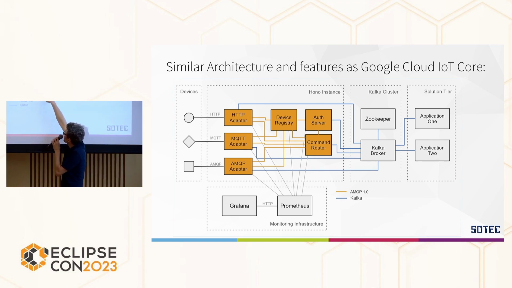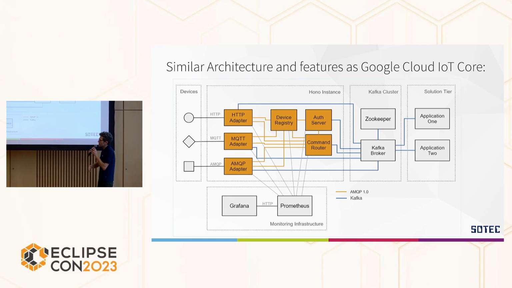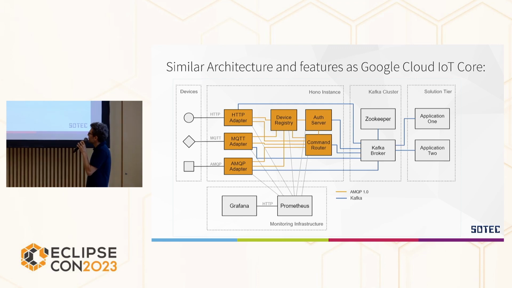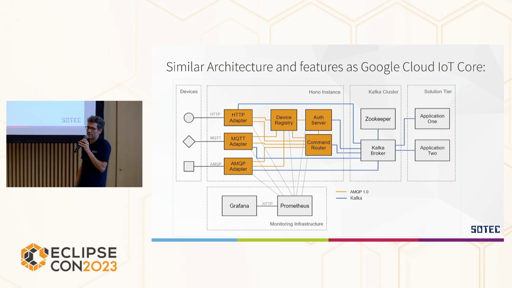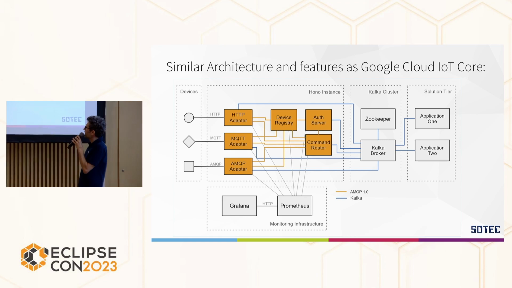And then here in the messaging layer, you see a Kafka broker, similar to what Google IoT Core was using with PubSub. So this was another win for Hono, because we thought, and it was like this, that we had to make quite small changes to Hono so that it can be a one-to-one replacement for IoT Core.